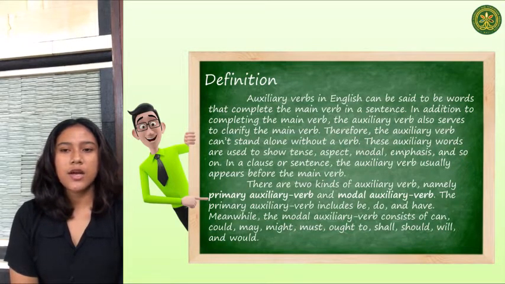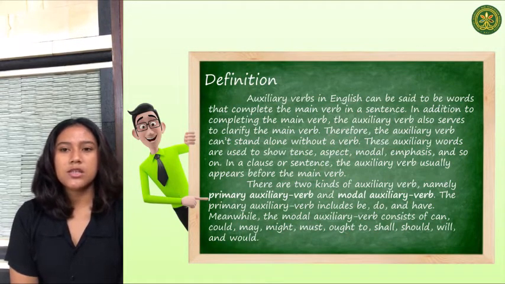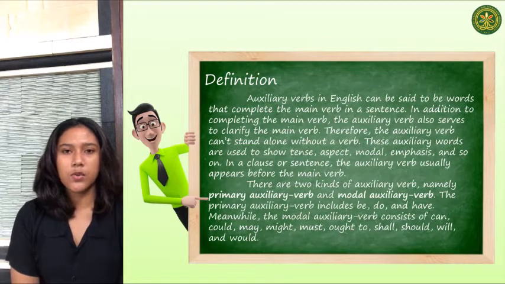There are two kinds of auxiliary verb, namely primary auxiliary verb and modal auxiliary verb. The primary auxiliary verbs include be, do, and have, meanwhile the modal auxiliary verbs consist of can, could, may, might, must, ought to, shall, should, will, and would.